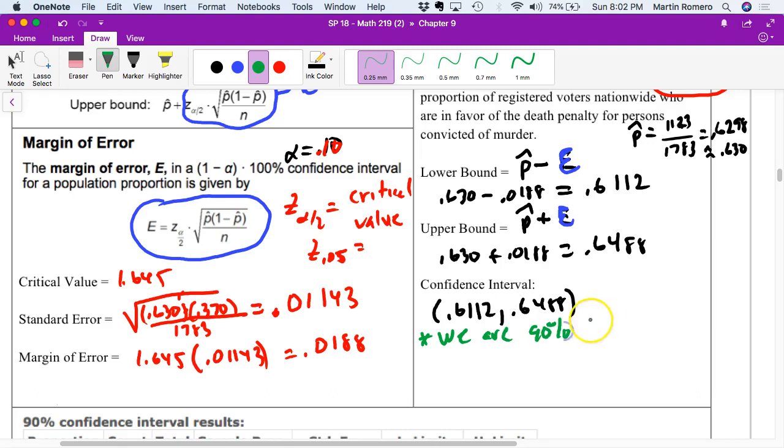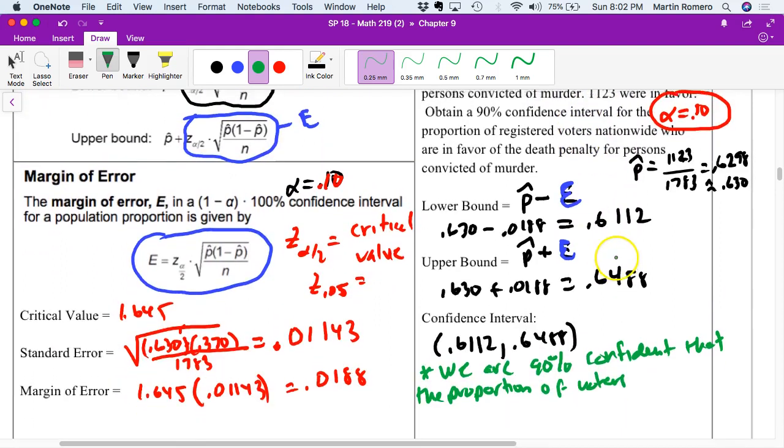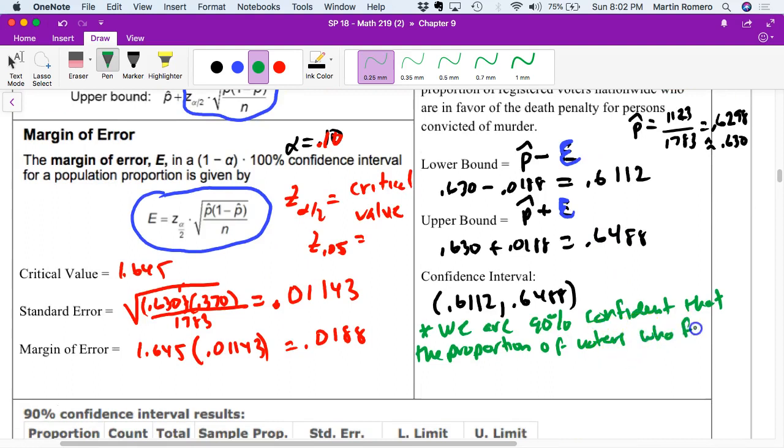We are 90% confident that the proportion of voters who favor the death penalty is between 61.12% and 64.8%. So that's how we're going to say it.